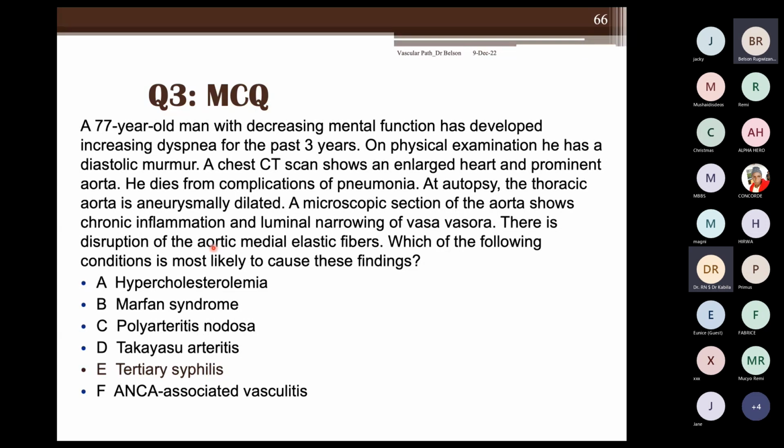What is the tertiary syphilis nyango biri kugaragara hari? That's why when I started I talked about syphilis and the ethical issues in the US.